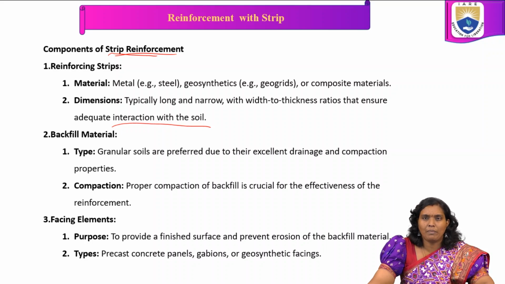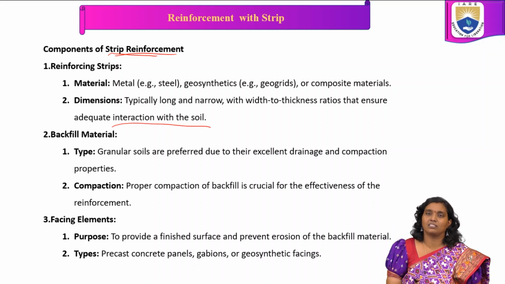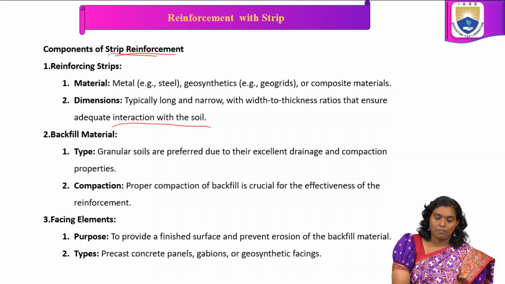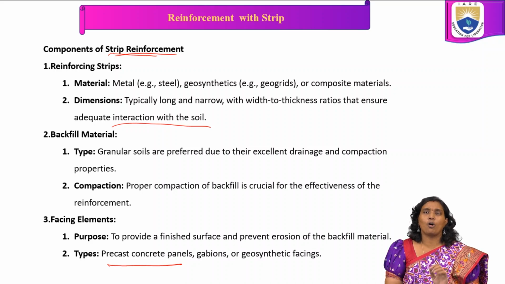The purpose of facing elements is to provide a finished surface and prevent erosion of the backfill material. Different types of facing elements are precast concrete panels or geosynthetic facings. So these are the components involved in strip reinforcement.